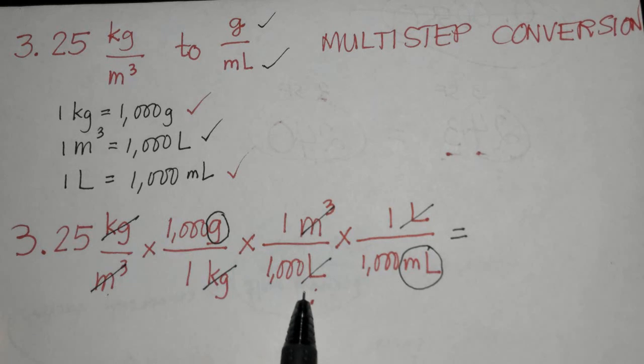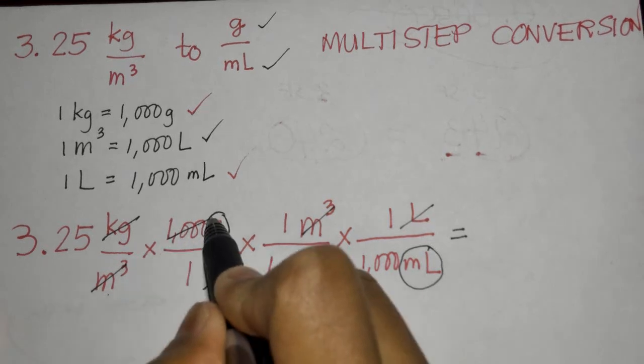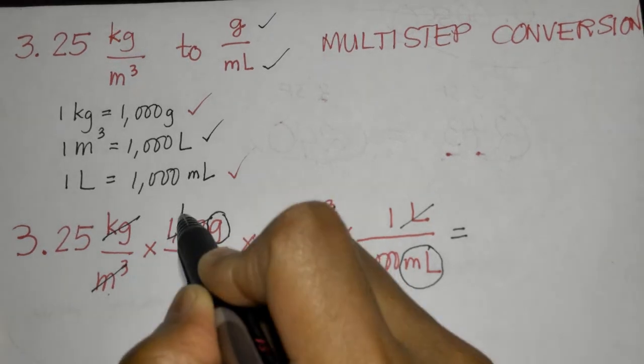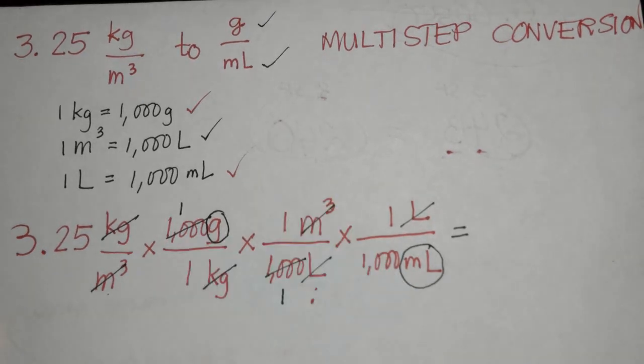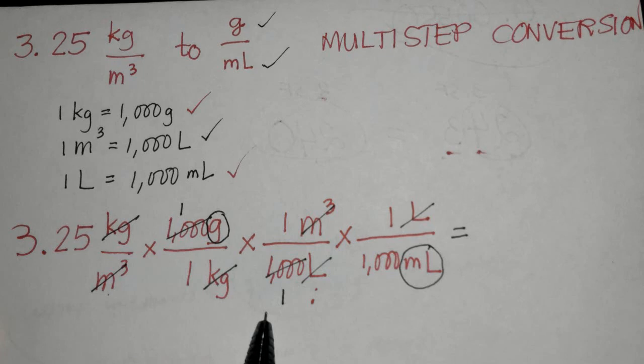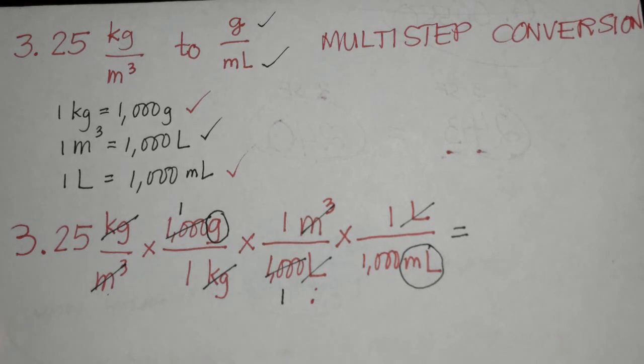What is the quotient? If you're dividing the same number, it is 1. So that means that this 1,000 and this 1,000 can be reduced to a 1. It's just like canceling out, because the values are the same, and one is on top and the other one is at the bottom, so you can cancel it readily. But you're left with 1,000 here. There's another 1,000 here, so don't forget that.